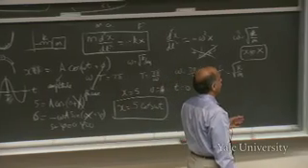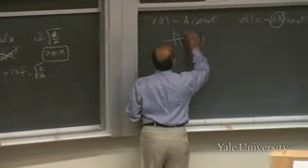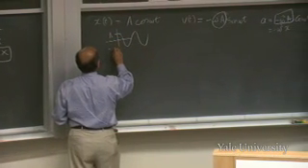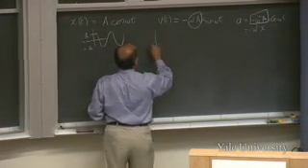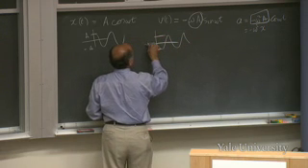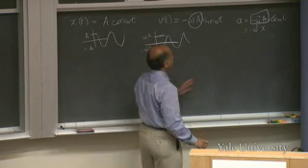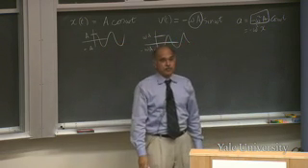If you plot x, it's going to look like this, going from A to minus A. If you plot the velocity, it's going to look like this. The range will go from omega A to minus omega A. If you plot the acceleration, it'll go from omega squared A to minus omega squared A.